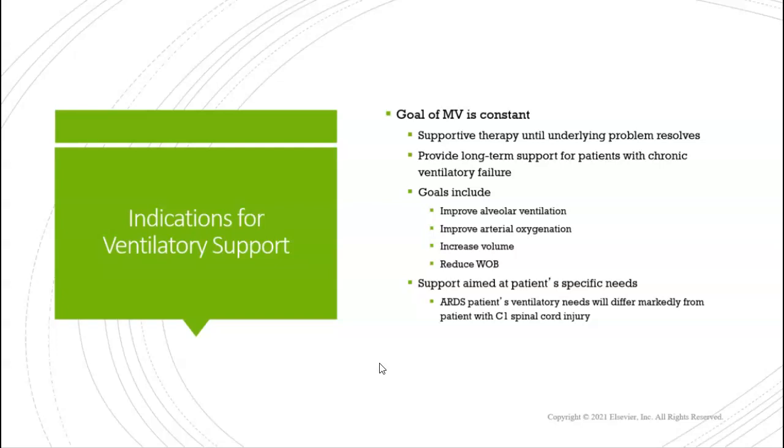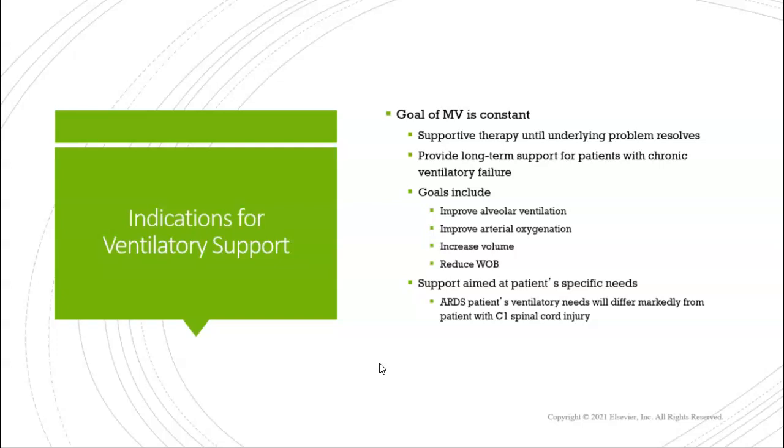So the goal of mechanical ventilation is always to be supportive therapy until the underlying problem resolves. I said that before, I'm saying it again. It's supportive therapy. We're just trying to do the least harm to the patient while the underlying problem resolves. The other goal of mechanical ventilation is sometimes to provide long-term support.